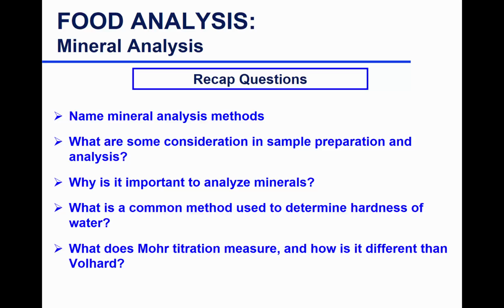If not, a very common method is the standard addition method, where you spike your samples with standard and generate a standard curve within your samples themselves. This is something we talked about in the spectroscopy section.